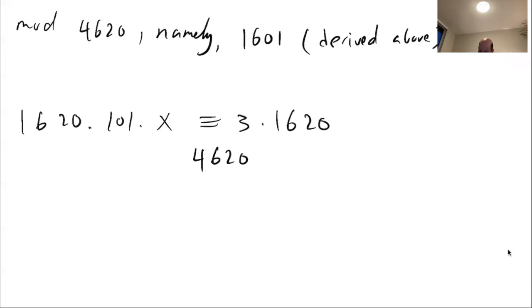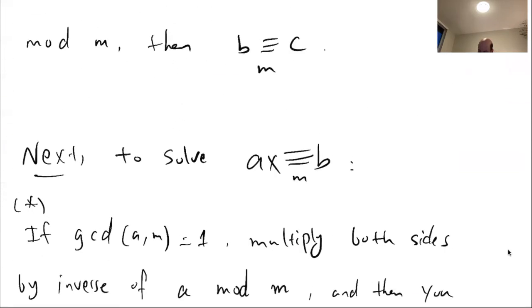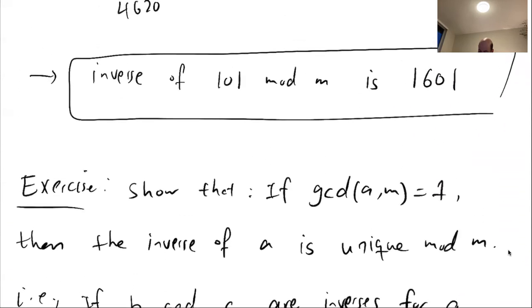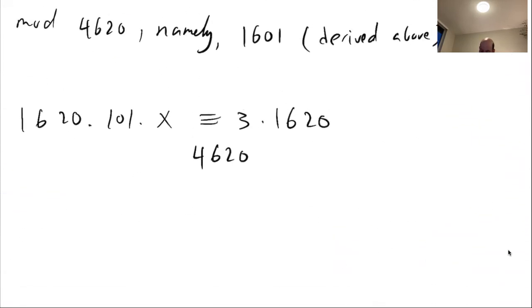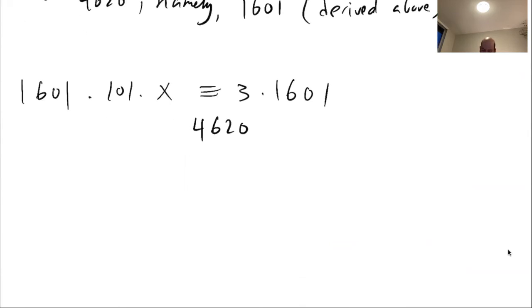So 1601, not 1620. Now this part is 1 mod 4620, right?